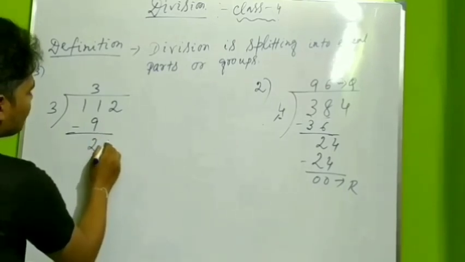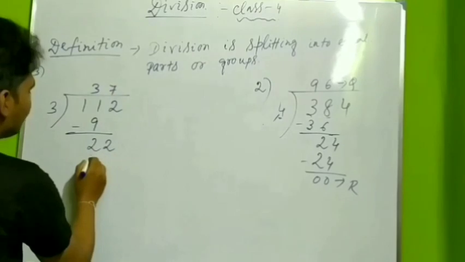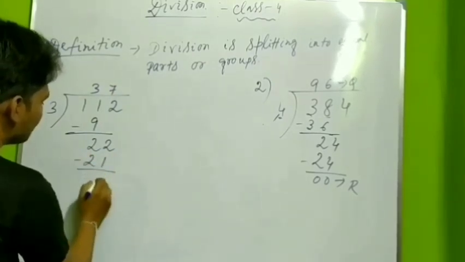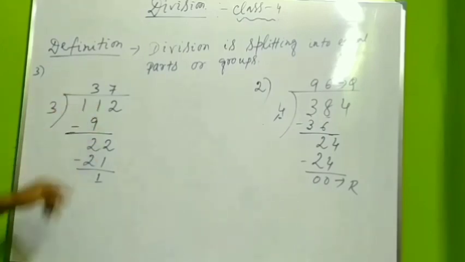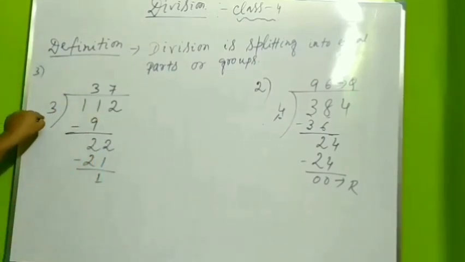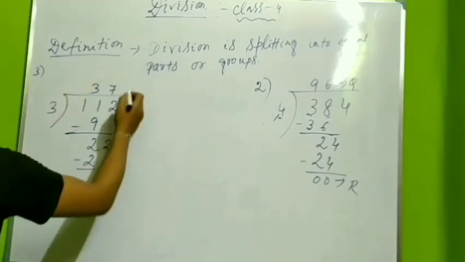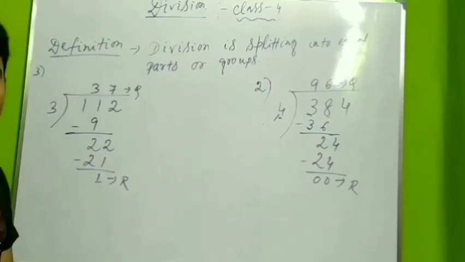This 2 comes down. Now 3 into 7 is 21. Subtract, 1 is left. So in this division, 112 is the dividend, 3 is the divisor, 37 is the quotient, and 1 is the remainder.